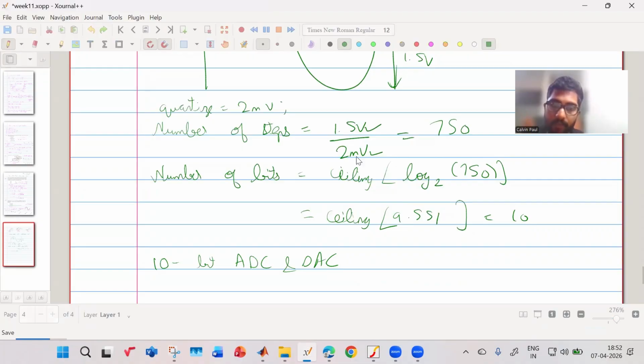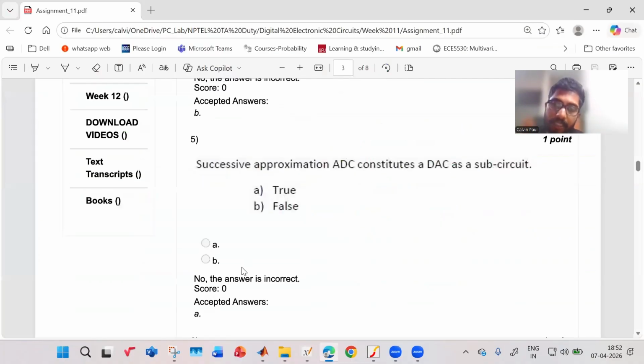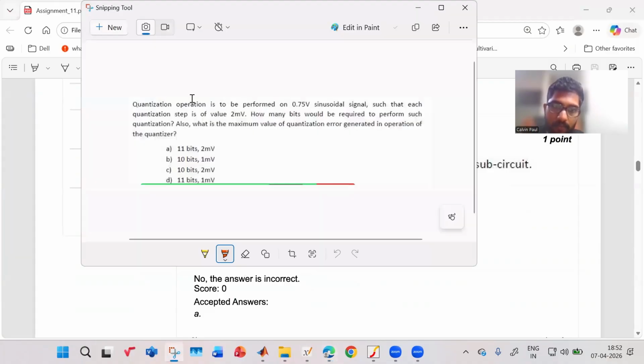So let's go to the next question. Does a successive approximation ADC constitute a DAC as a subcircuit, true or false?